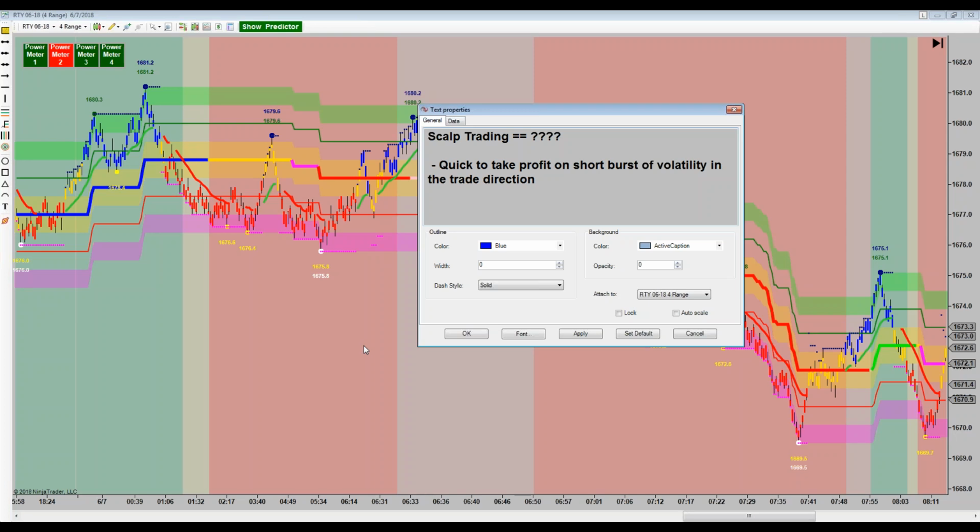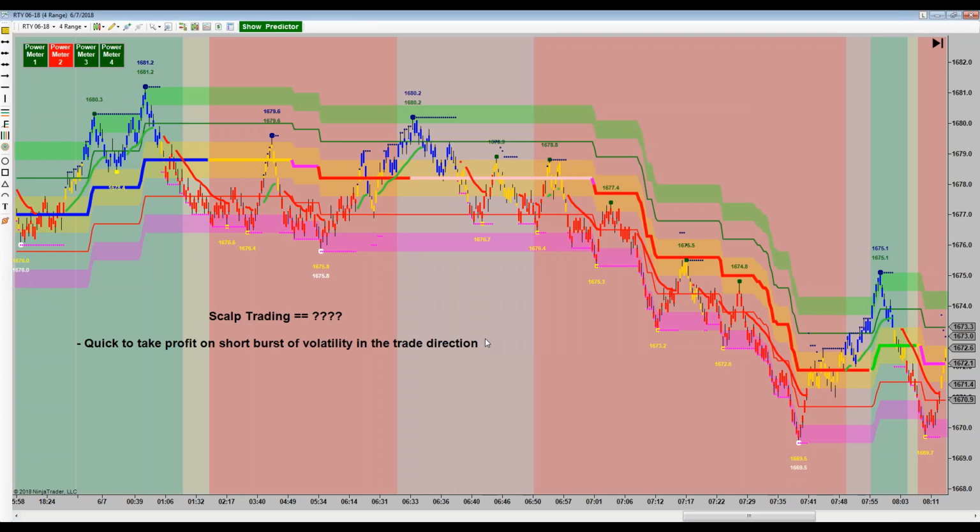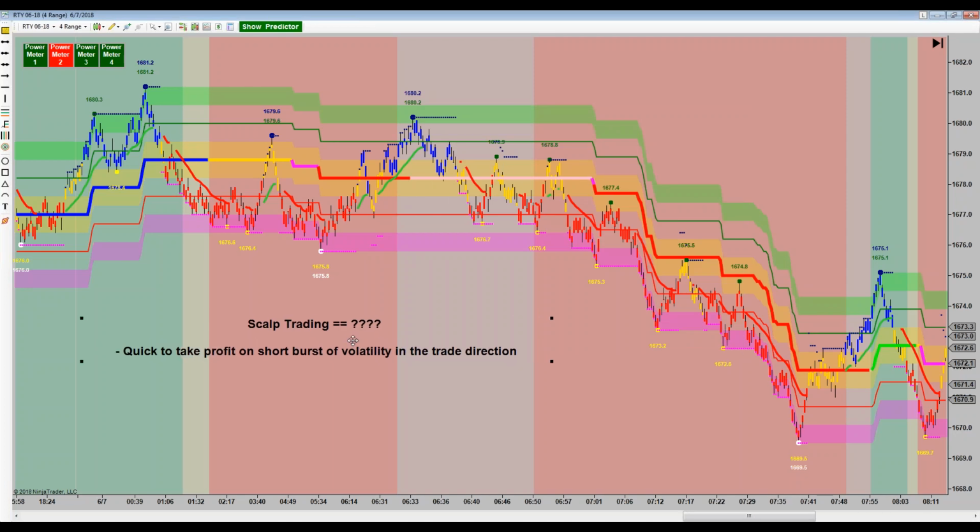Those are not necessarily crumb trades, Kathy. I know for a fact there are quite a few very successful traders over the years who make very good money just scalping.